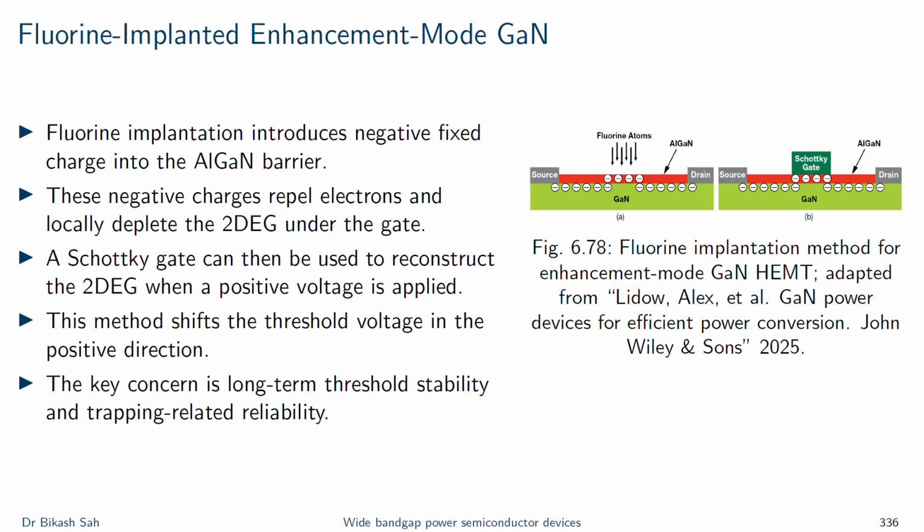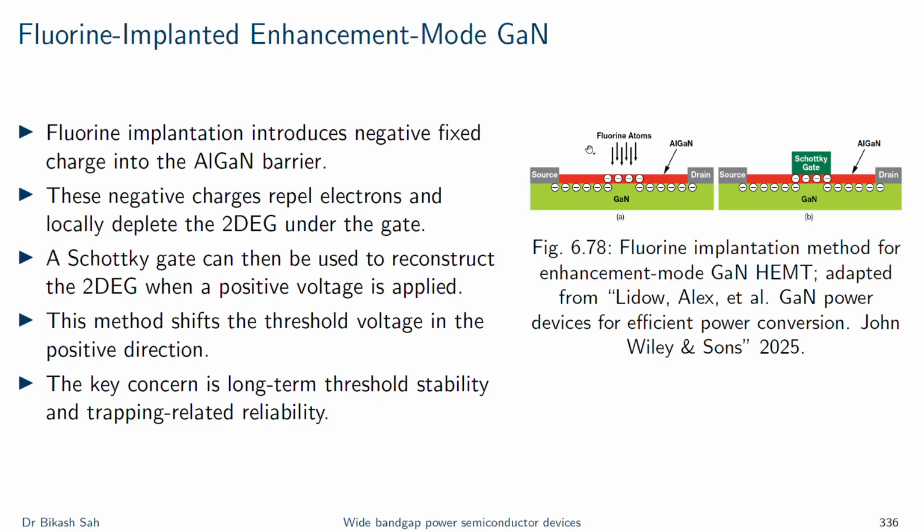The other type is the fluorine implanted enhancement mode GaN. Right, this is actually a very nice one, mostly not commercialized, I would say, to the best of my knowledge. Rather, it's more from the research perspective. So what actually happens is that the fluorine atoms are being implanted, that you see in here, right?